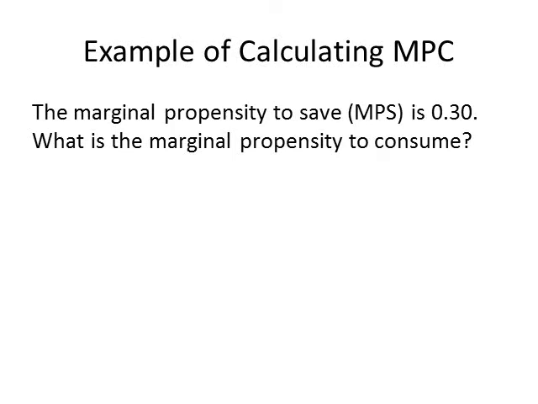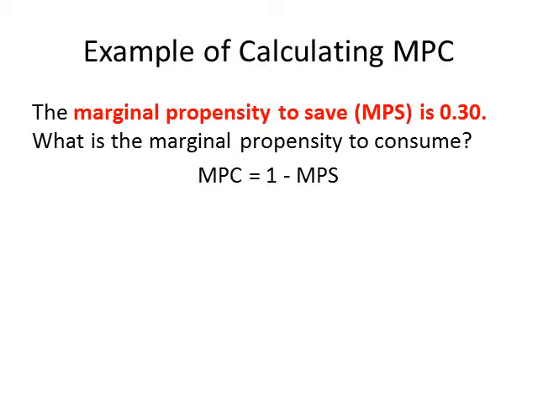So let's look at an example. For example, the marginal propensity to save is 0.30. So what is the marginal propensity to consume? The first step is to write down the formula. MPC is equal to 1 minus MPS.